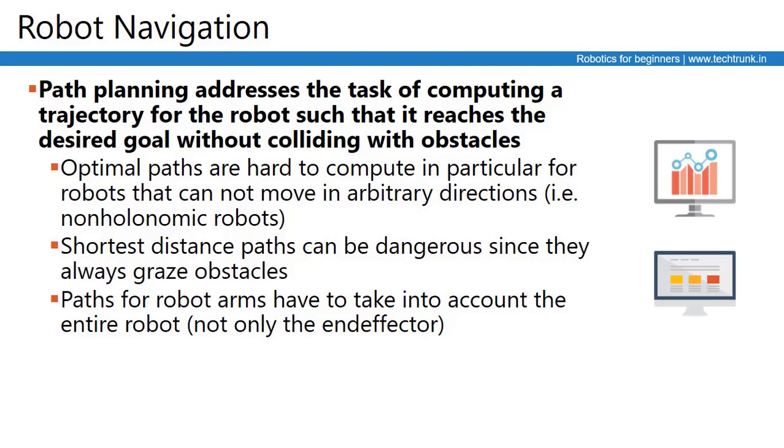But the shortest distance paths can be dangerous since they always graze obstacles. It is not always the case that if the robot achieves optimality, it is going to be more utility-based as well. It could be more dangerous. The paths for robot arms have to take into account the entire robotic structure, not only the end effector part.